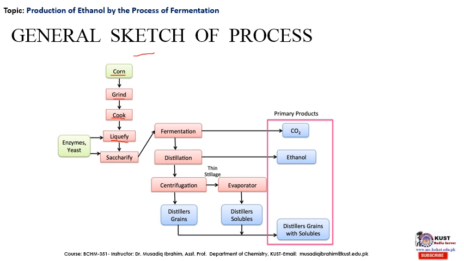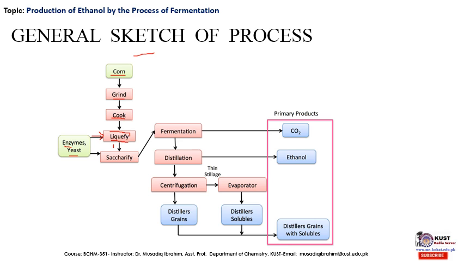When the corn has reached the liquefied stage, the enzymes and yeasts are added to it. The next step is to saccharify. Saccharification is to convert into a simple soluble fermentable sugar by hydrolyzing a sugar derivative or complex carbohydrate.